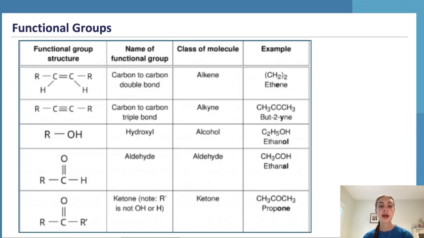The next one we can look at is alkynes. Alkynes, also very similar to the alkanes and alkenes, except they have a triple bond between at least one of the carbons in the carbon backbone. So an example we could have is but-2-yne, that being CH3, CH3.